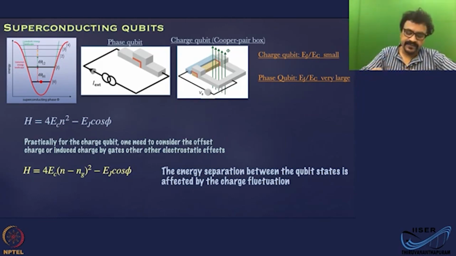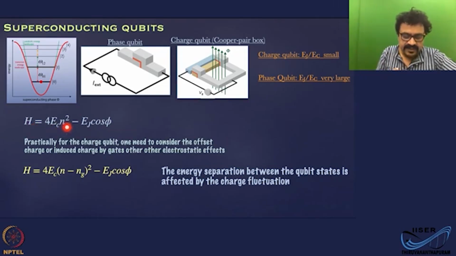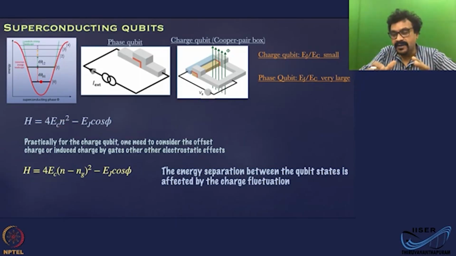Now let's look at practical situations. The charge qubit is one of the first qubit systems realized in Josephson junction circuits. The Hamiltonian is 4 EC n squared minus EJ cos phi, where n is the charge of the Cooper pair. But remember, this also uses gates to control the charge state potential, and there are spurious effects from impurities and other things, and electric field or voltage fluctuations.